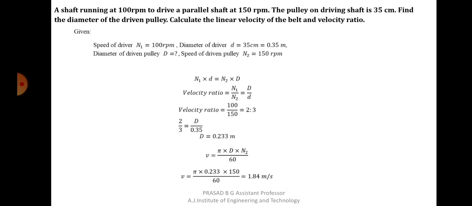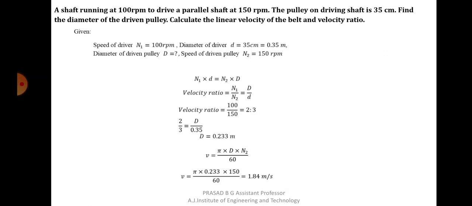So they have asked us to find so many things here. Speed of the driver is given, 100 rpm. Diameter of the driver is given, 35 centimeter or 0.35 meter. Diameter of the driven pulley is not given, and we are asked to find it, but the speed of the driven pulley is given, 150.